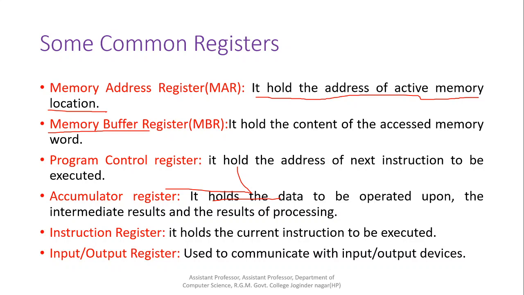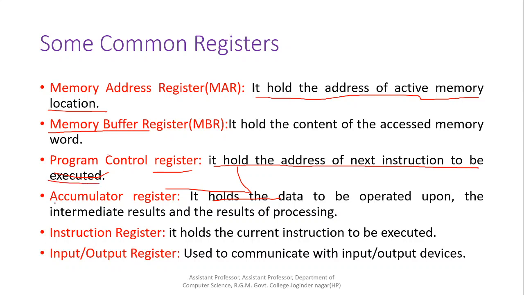A data word placed in this register is accessible for operation with the accumulator register or for transfer to the input output register. The next register is the program control register, and its main purpose is to hold the address of the next instruction to be executed.